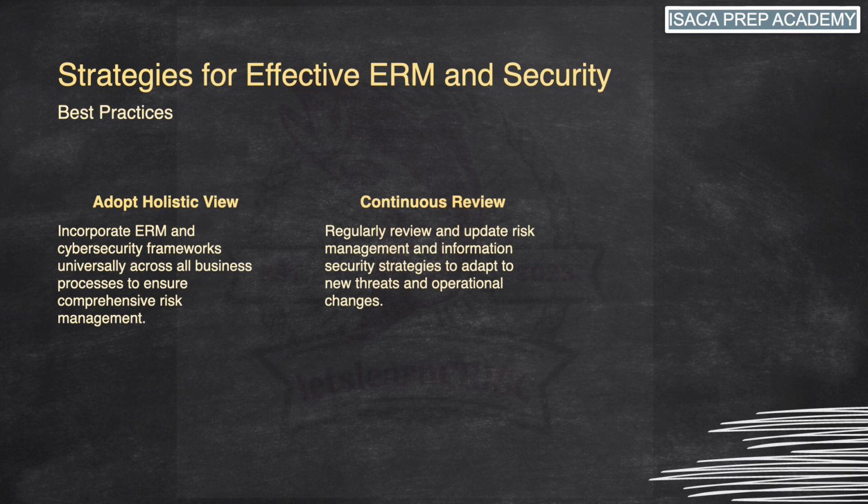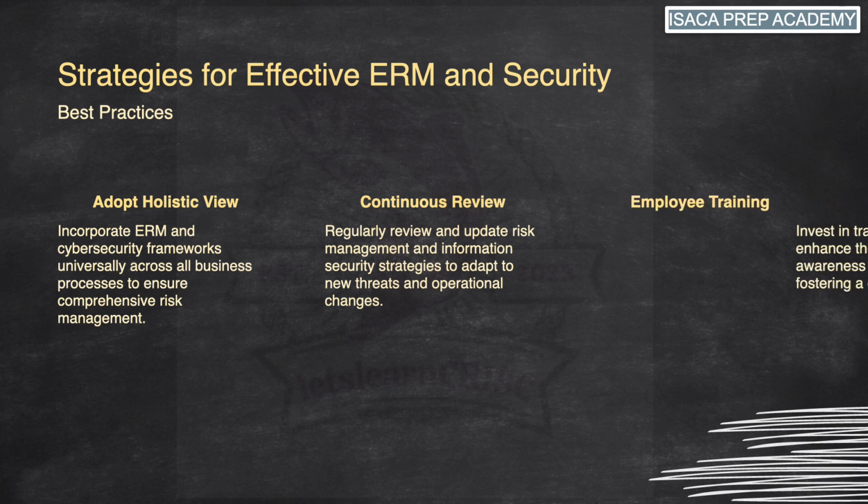Overall, friends, by embracing a culture of continuous review and improvement, organizations can enhance their resilience to emerging threats, optimize resource allocation, and maintain a proactive stance in managing risks and protecting sensitive information.